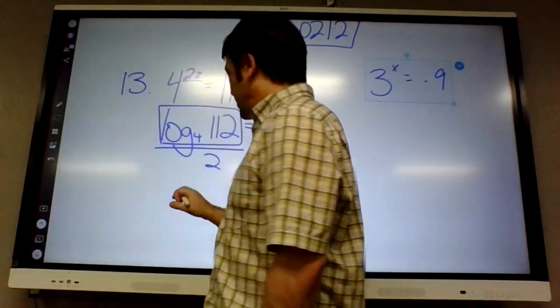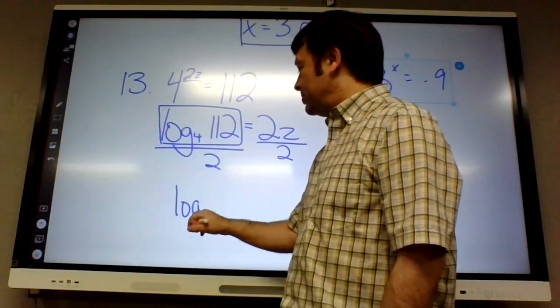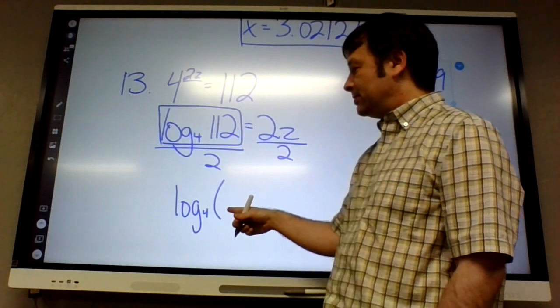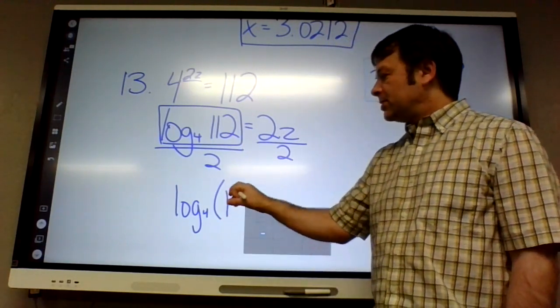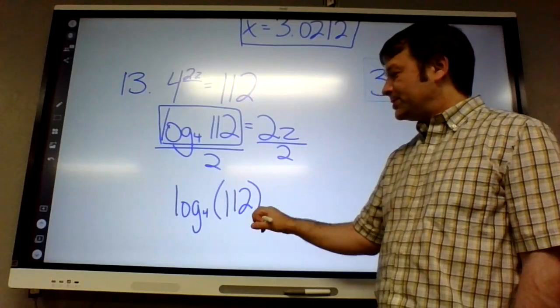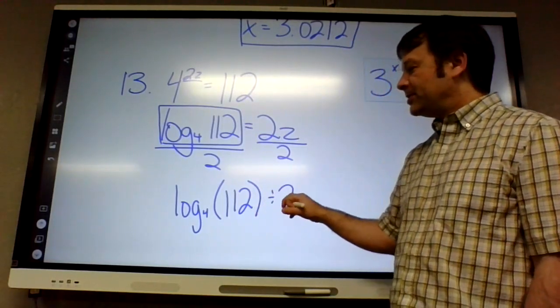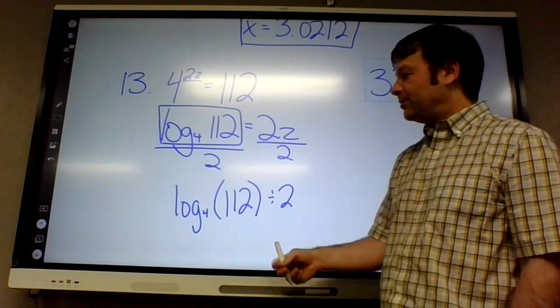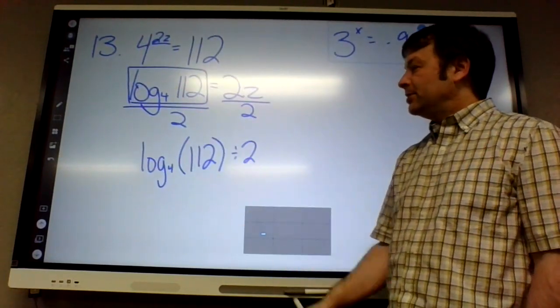Probably on your calculator, when you open up a log, it gives you a parenthesis. So you'll need to close the parenthesis and divide by 2. It probably wouldn't matter either way, but it might say error if you don't close the parenthesis.